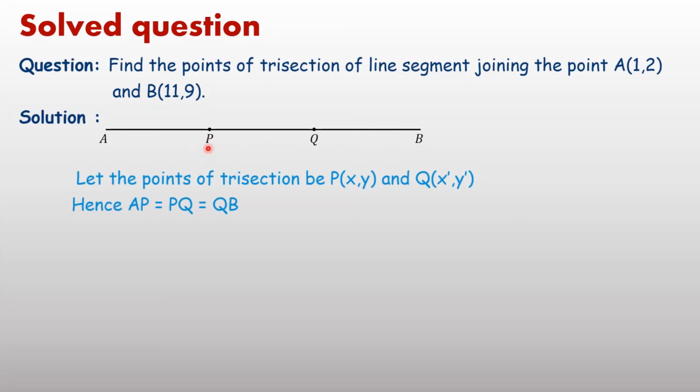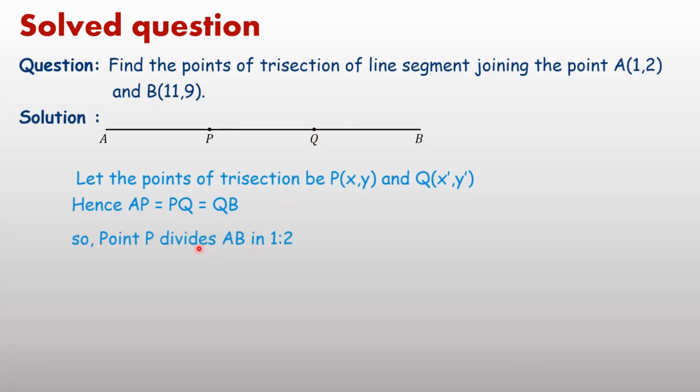If you assume all 3 equal parts as K, you can easily write that point P divides AB in 1 is to 2, because AP is 1 part and PB is 2 parts. For point Q, AQ is 2 parts and QB is 1 part.